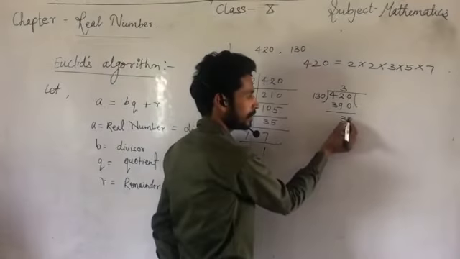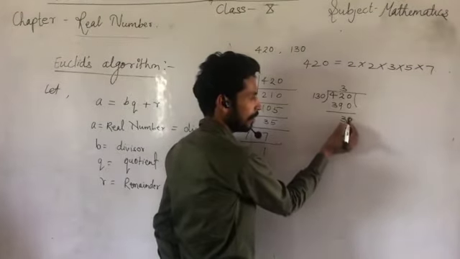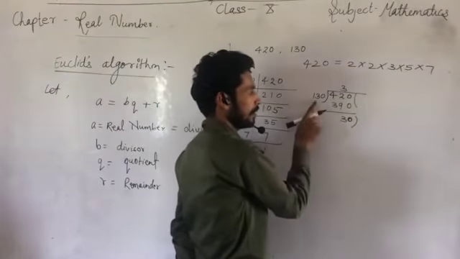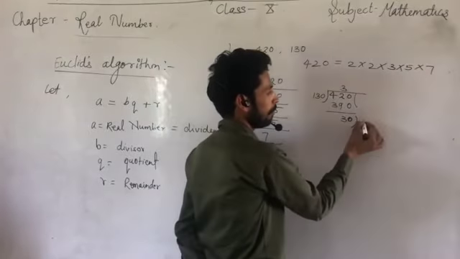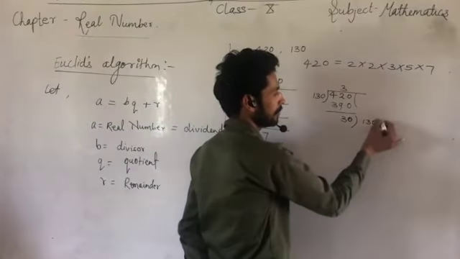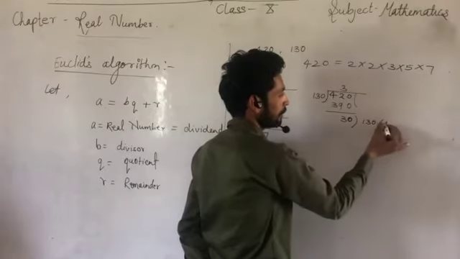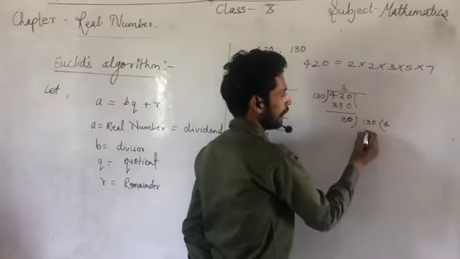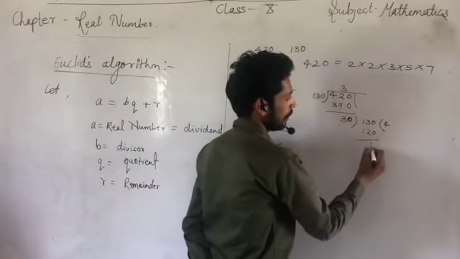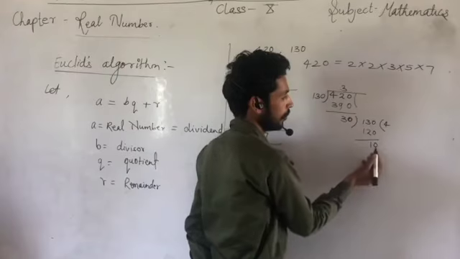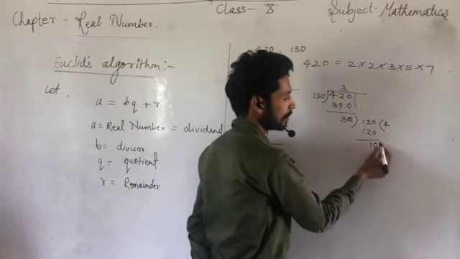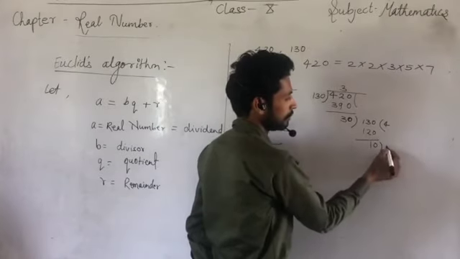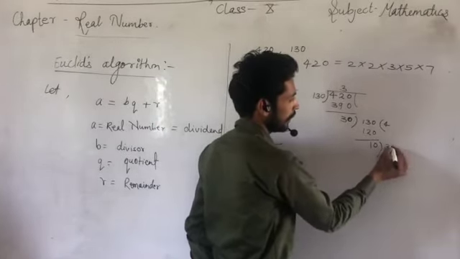Now this remainder becomes the divisor and the previous divisor becomes the dividend. Now 4 times we can go, 4 threes are 120. The remainder is 10. Now this remainder becomes the divisor and the previous divisor becomes the dividend, that is 30.